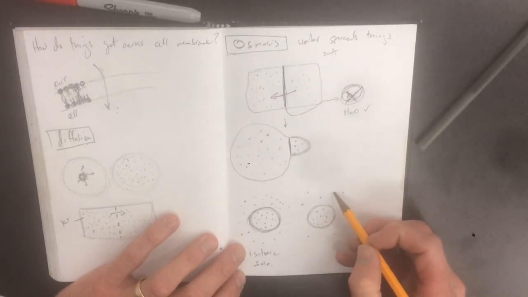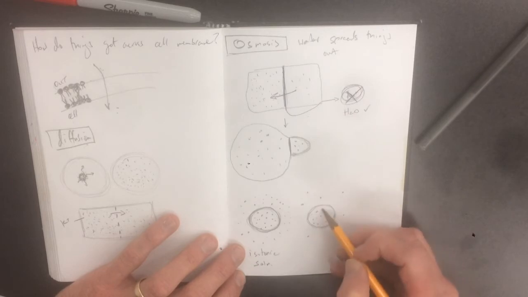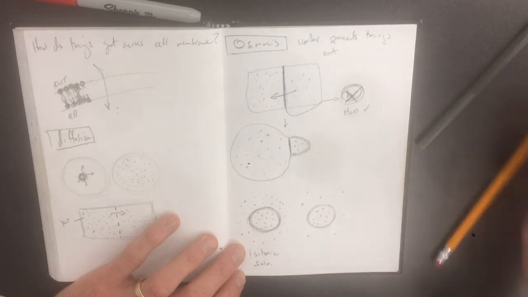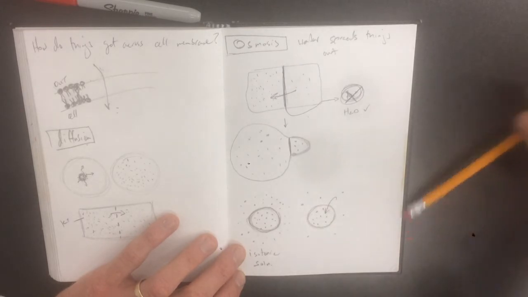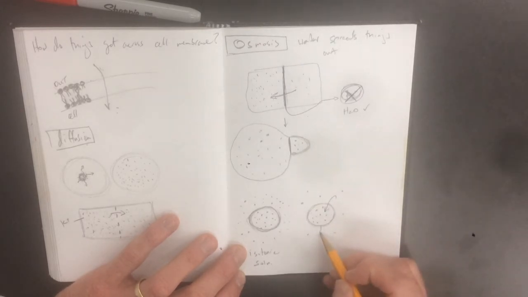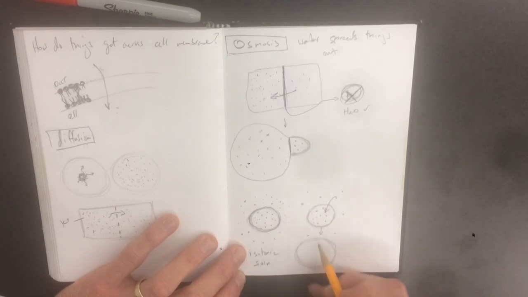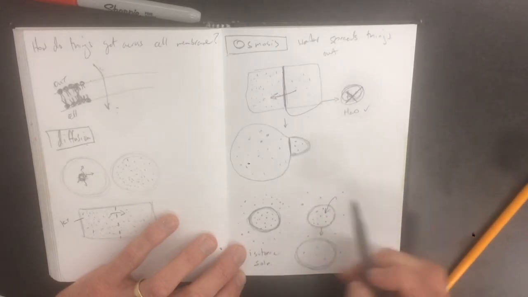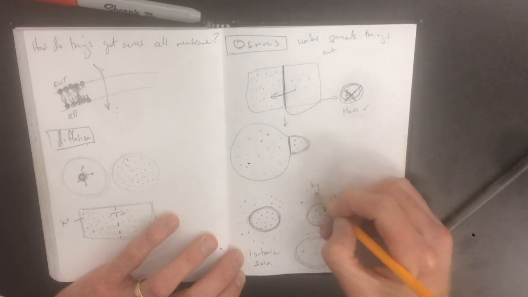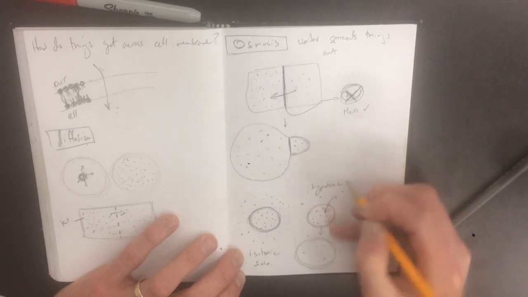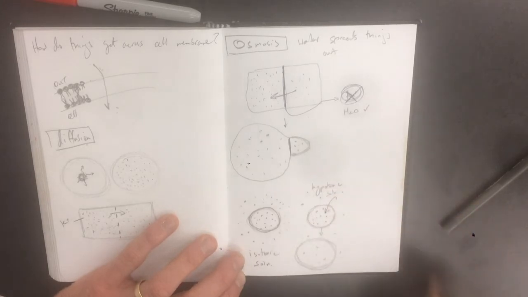Because water wants to spread things out, there's a higher concentration on the inside, so water is going to flood in. And when water floods in, it's going to cause that cell to get very large, to increase in size to spread things out. This solution that had the low concentration is called a hypotonic solution.